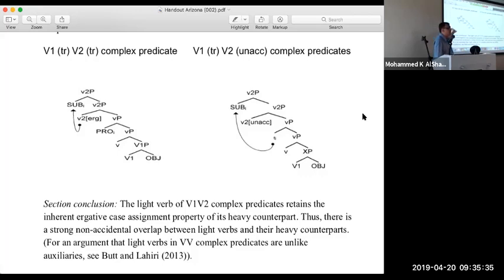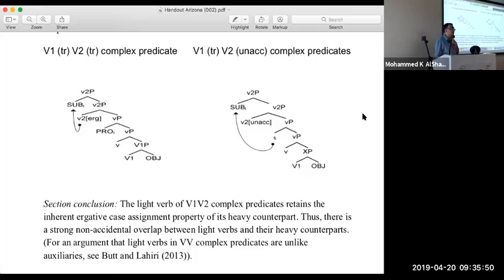But it does something interesting, which I think has not been done before, which is that it makes a case that there is a separation of the case domains and thematic domains.